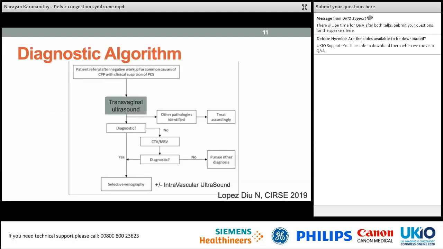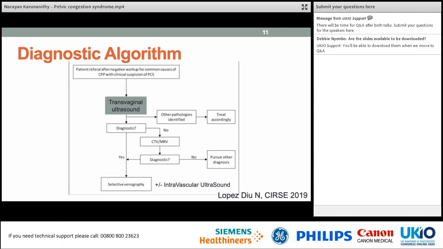So, describing the diagnostic algorithm, patients who are referred, we insist that they have a complete gynecological workup to look for other causes for their pelvic congestion syndrome. Once these have been excluded, from our perspective, the first line investigation is a transvaginal ultrasound. That's to look for positive features of pelvic congestion, but also to exclude other pathologies.